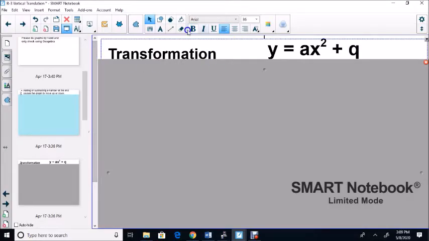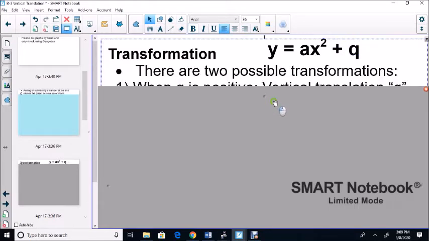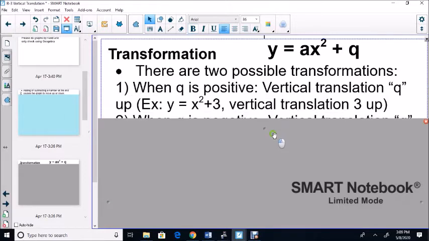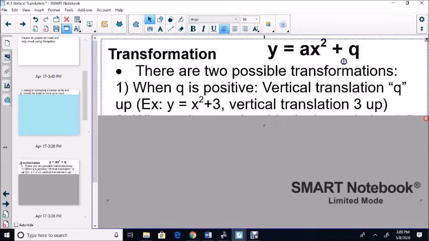We will look at transformations now. We're going to look at transformations when the q at the end is added. We're calling the letter at the end q. There are two possible transformations. When q is positive, like positive 3, there's a vertical translation of q up.